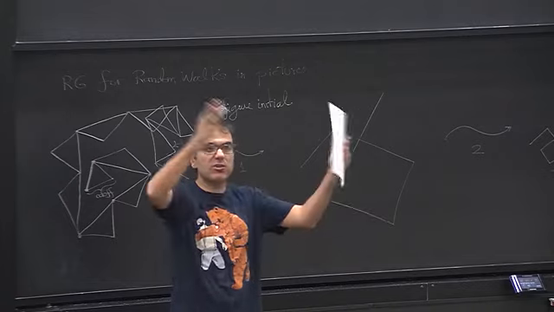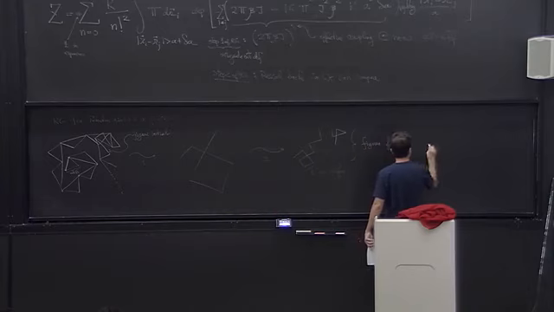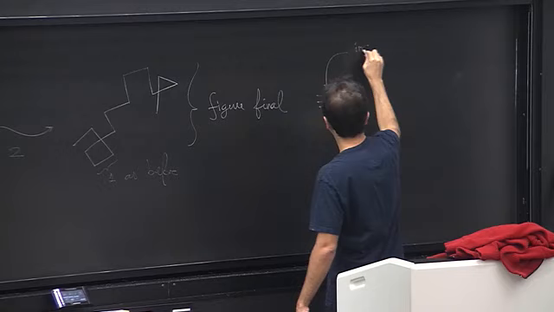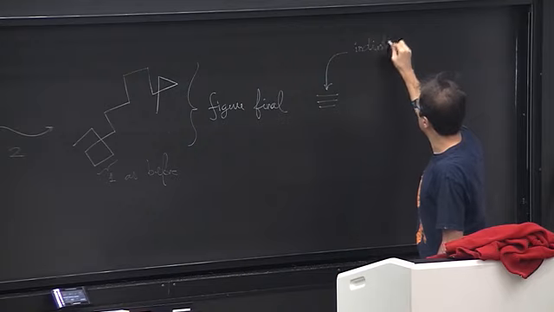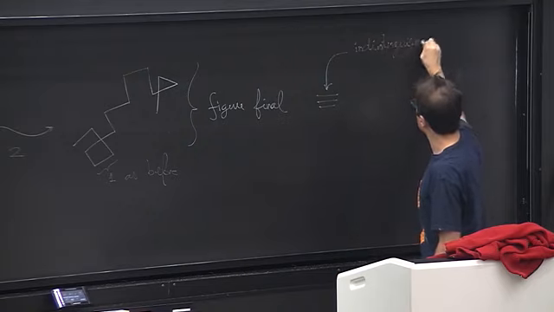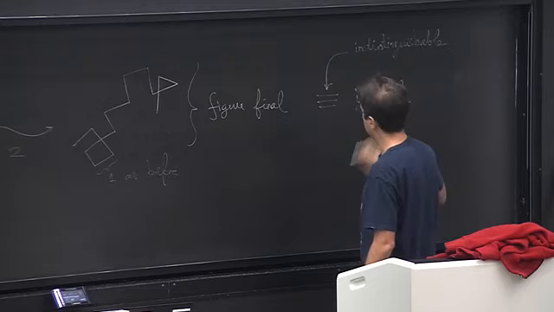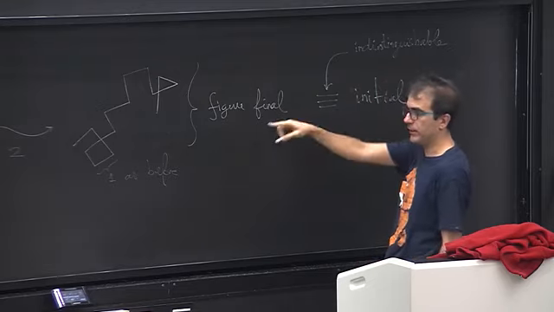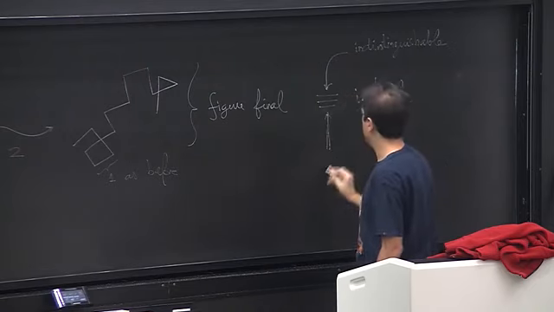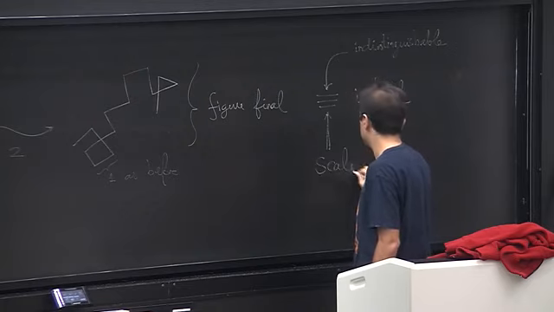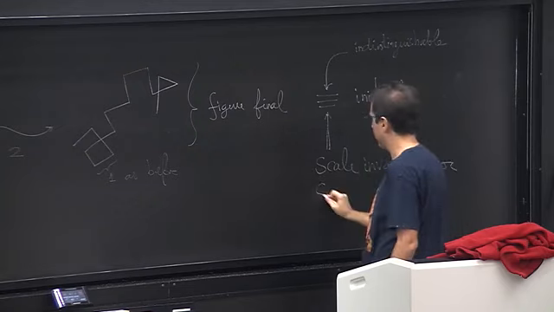I just show you two pictures and they look exactly the same. So the figure final being equal, and this equal is in the sense that you cannot tell which one is short distance and which one was integrated out. They are indistinguishable. This is equal to the figure initial. That's something we are going to see. It's not obvious, but I'm telling you. From this picture, it looks reasonable, but it's not obvious. And this is what defines scale invariance or self-similarity.